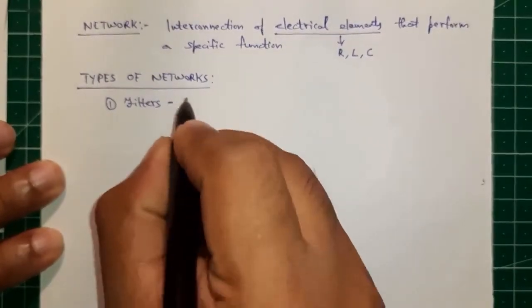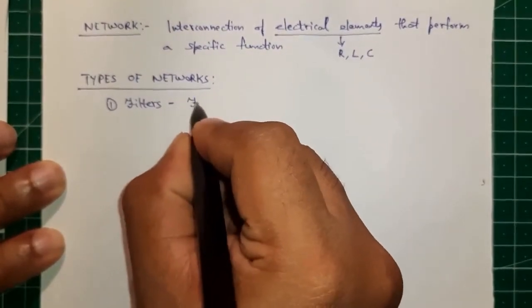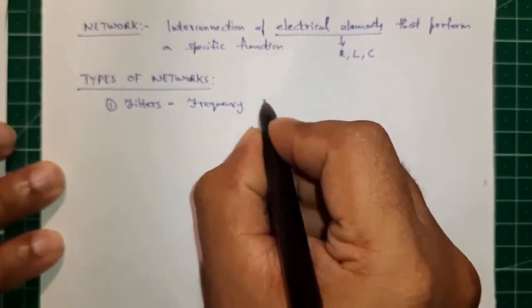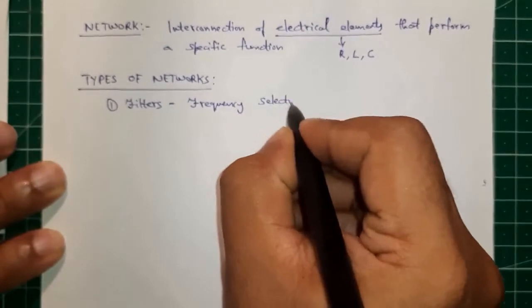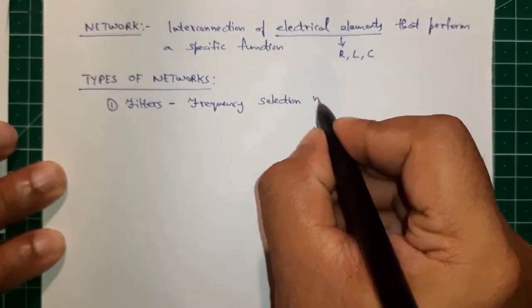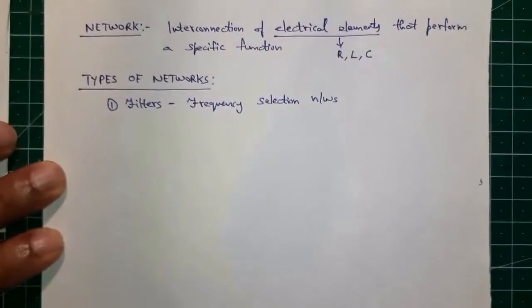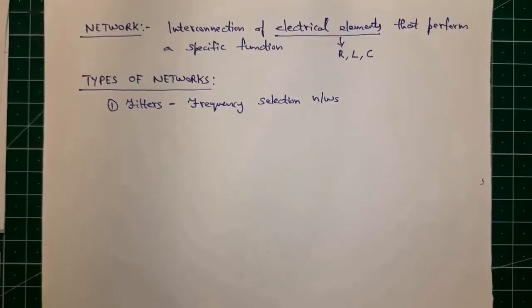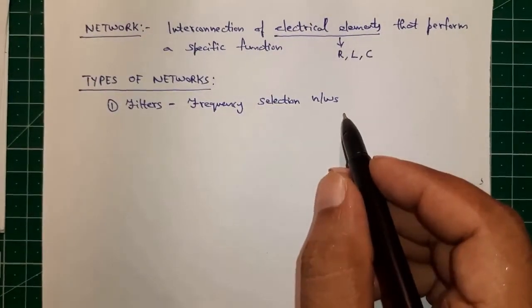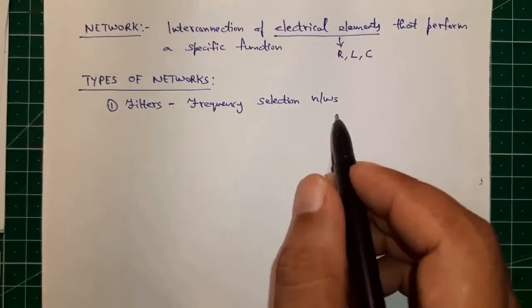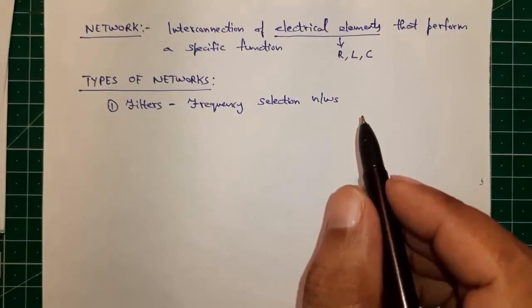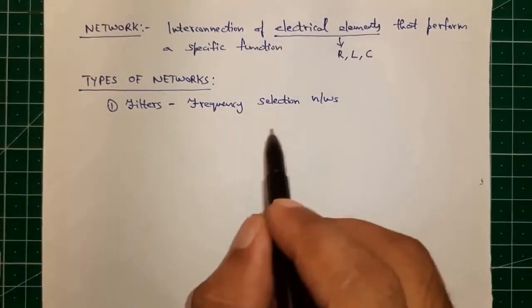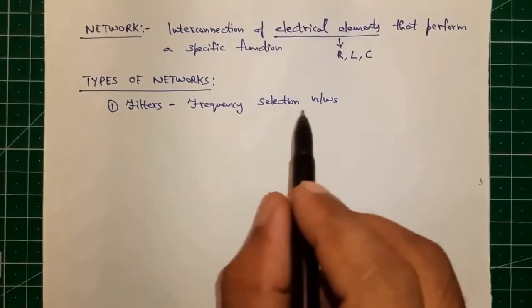Actually, filters are frequency selection networks. So you must be knowing about low pass filter, high pass filter, band pass filter, band elimination filter, etc. So depending on what frequency this network is selecting, you can categorize filters like that.